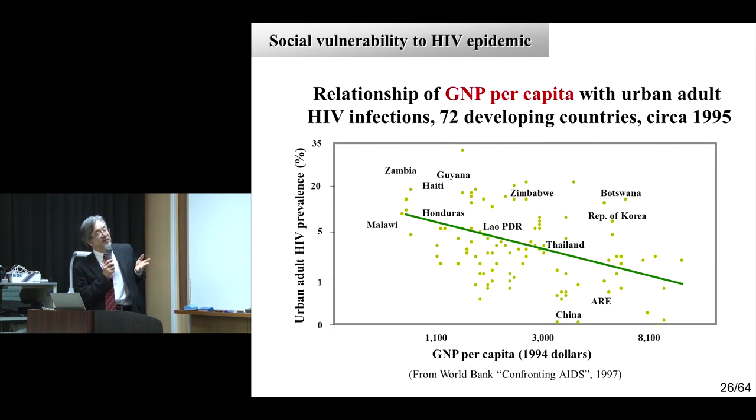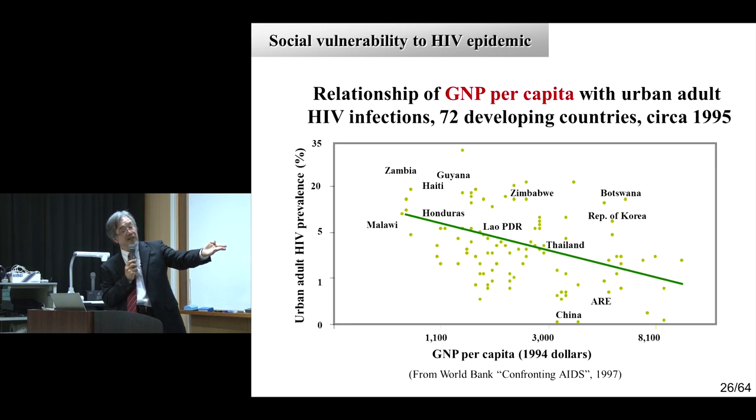So this is a graph showing the relationship between GNP per capita and the HIV prevalence. So you can see the significant correlation, downward correlation. So what does this mean? Do you see?